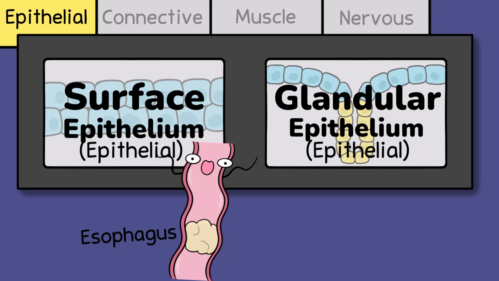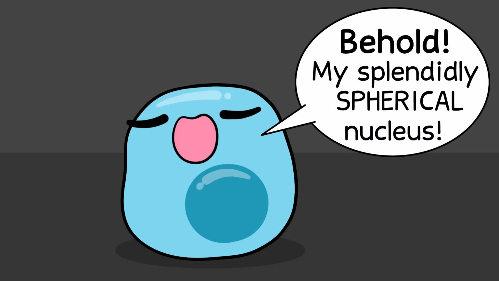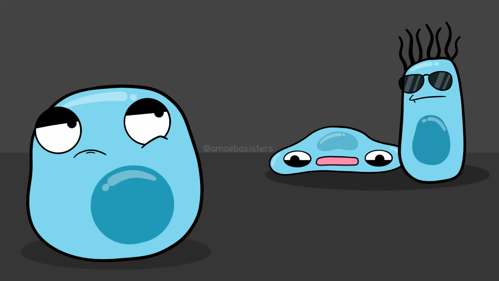Just some examples, they could be squamous, cuboidal, or columnar. I want to mention this variety because you know how you tend to visualize a cell with a perfect little circle nucleus? It makes it easy for diagrams, but the nucleus in many cells often isn't a perfect little circle, and you'll see that the nucleus shape can differ in these squamous, cuboidal, or columnar cell shapes. All of these cell shapes can differ based on function.